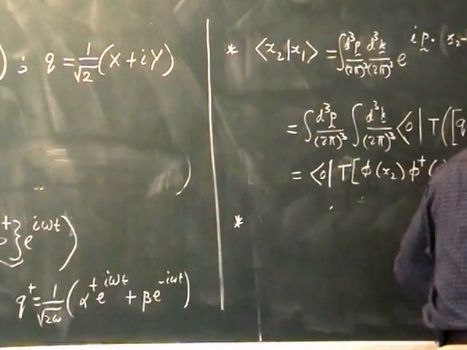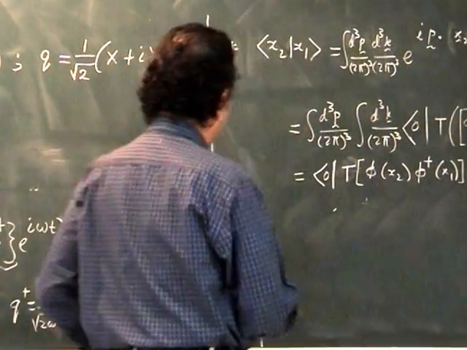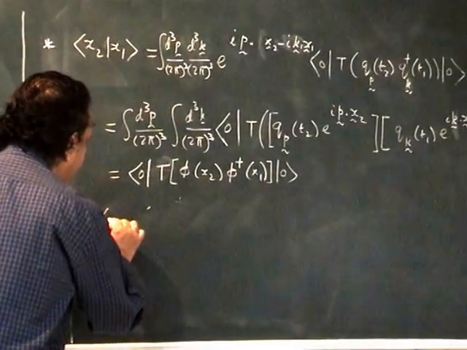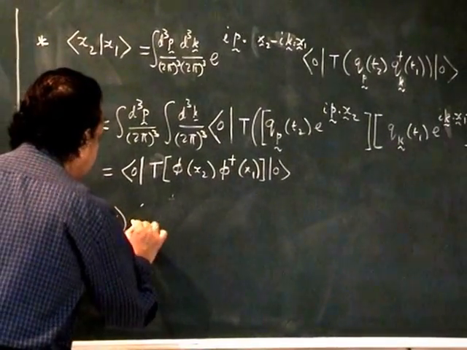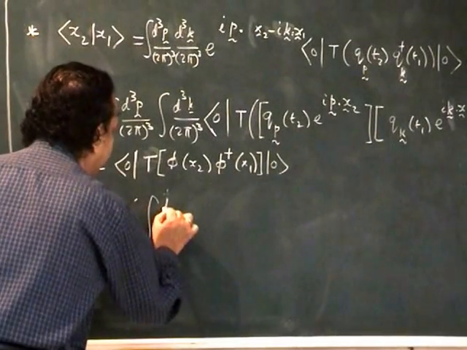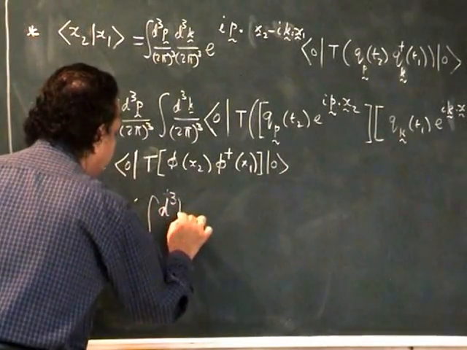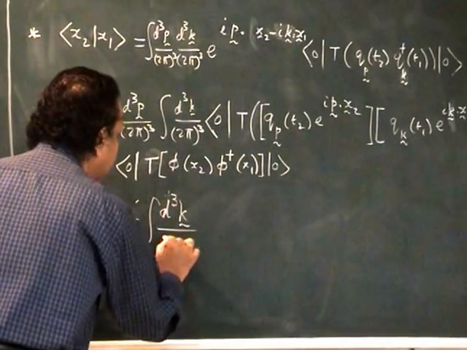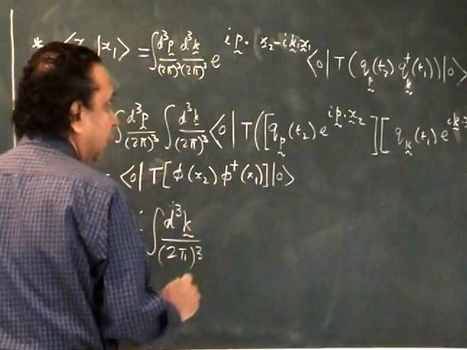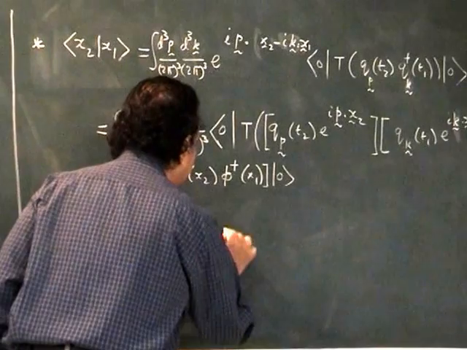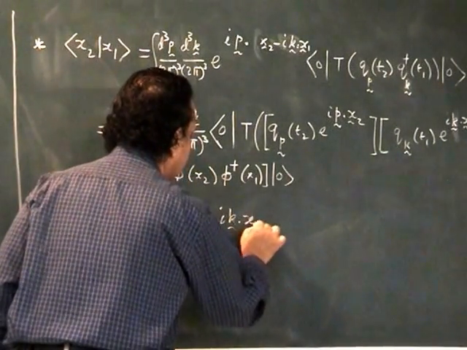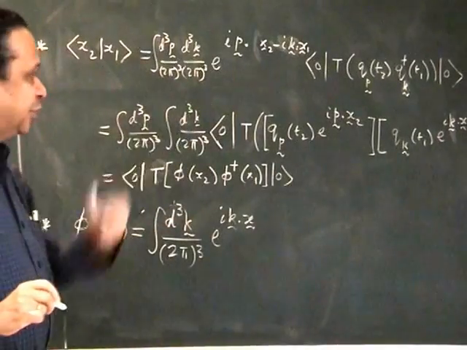Okay. So what we have done was to introduce an operator phi at every point, every event in space-time, as the integral over d3k over (2π)^3 of e^{ik·x} times q_k(t).